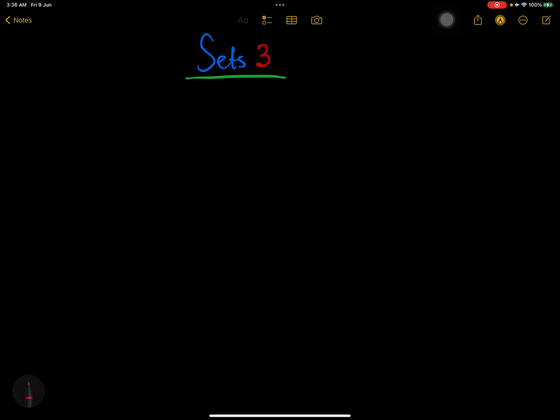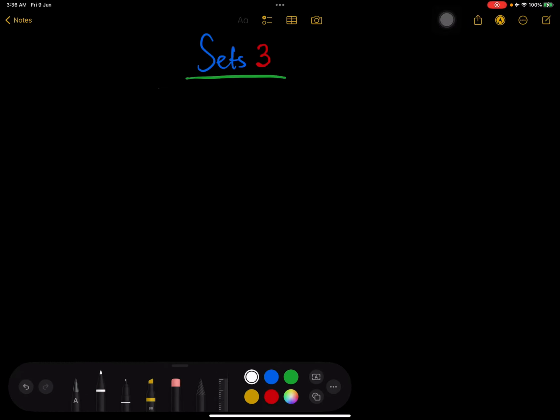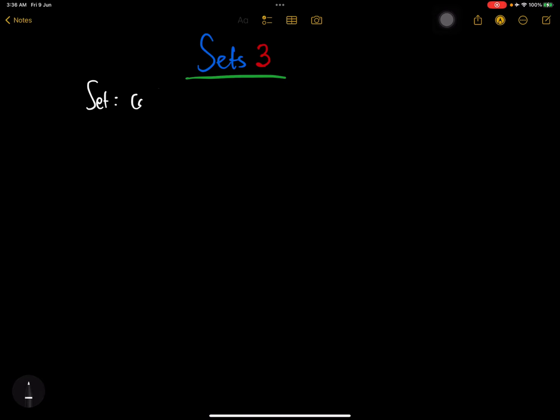We also looked at the concept of the universal set. And we said this set is the mother of all sets, or it is the set that contains all other sets, or all other sets can come from. Then we also looked at the concept of subset. So basically, we looked at set. Set is a collection of objects, and then we said elements.